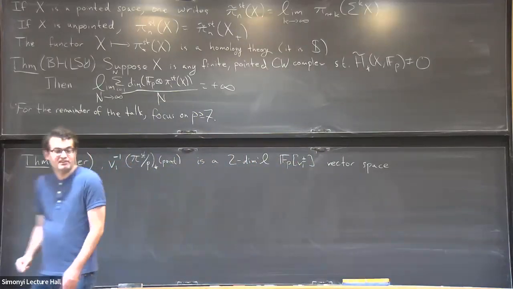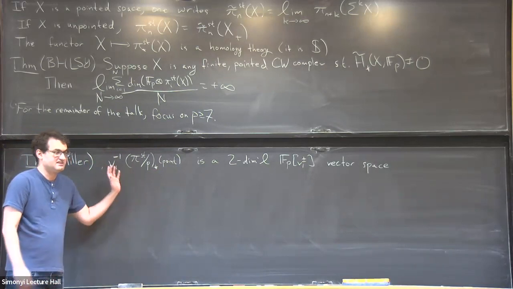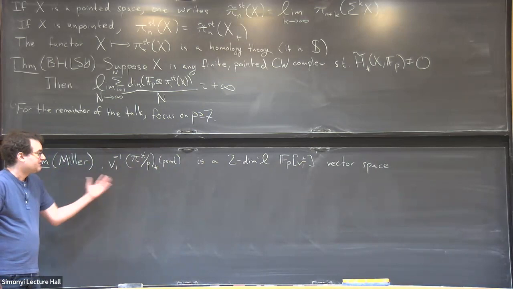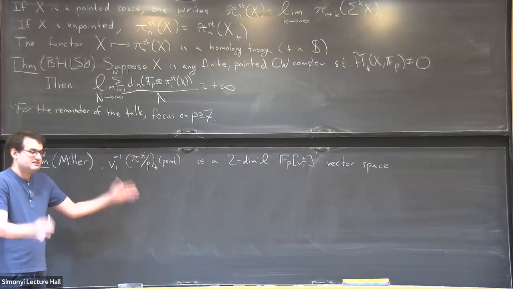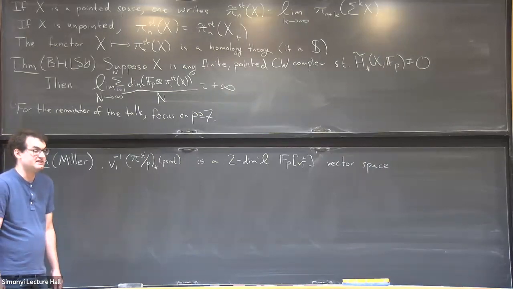So we said that we're never going to understand the stable homotopy of a point. We're never going to understand the mod P stable homotopy of a point explicitly. But after we invert V1, this is just a two-dimensional vector space. So this theorem, as a graded ring, every module is free.